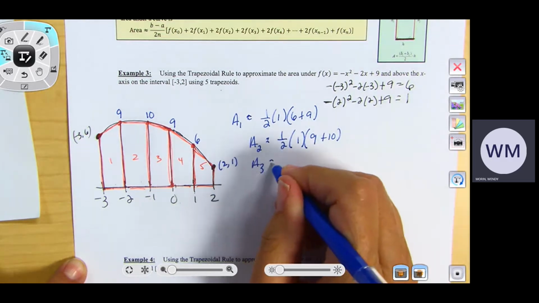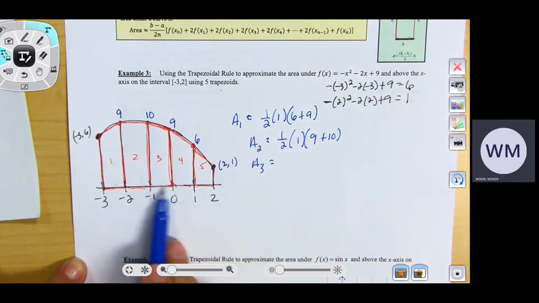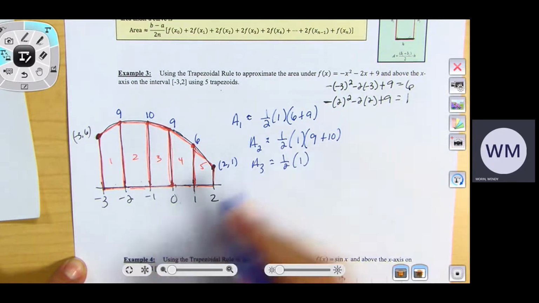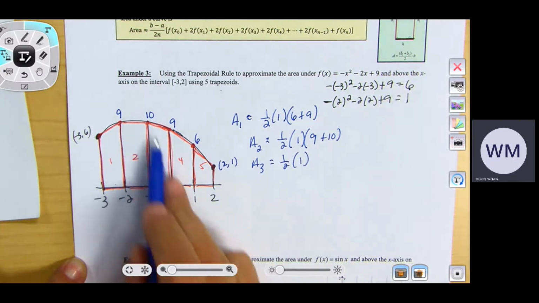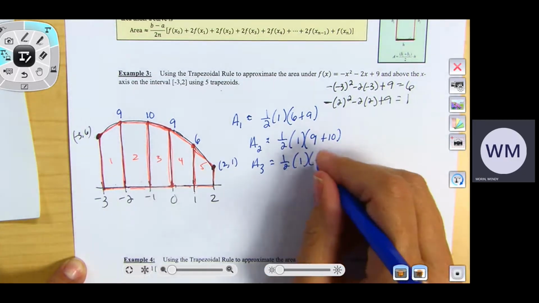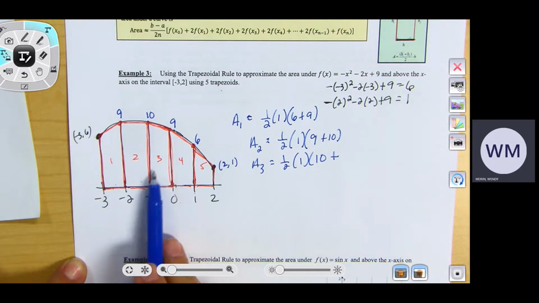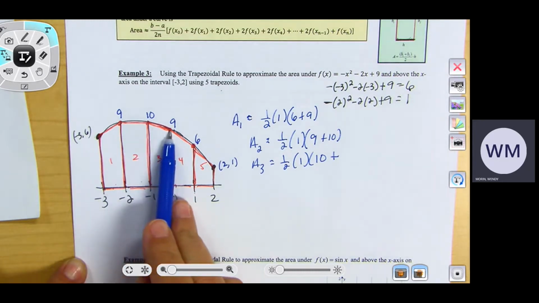For area 3, 1/2 the height. Well, the height is all the same, times the sum of the two bases, which is 10 and 9.